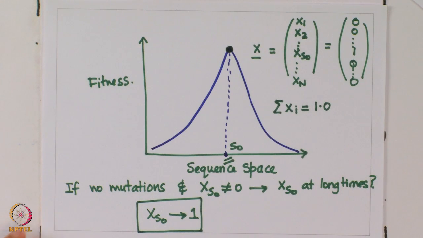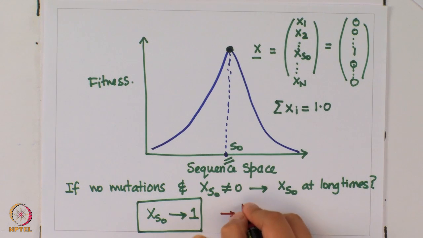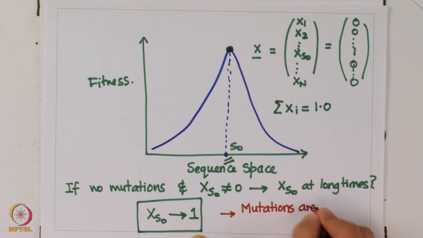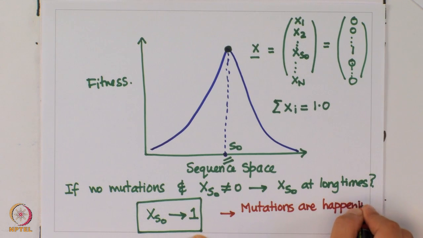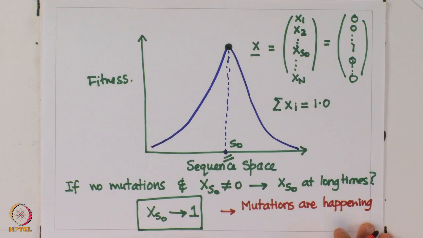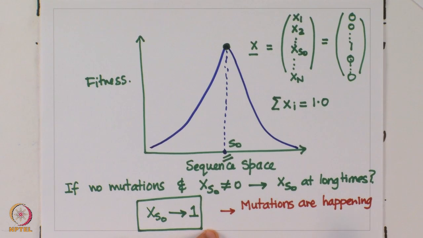From here, I want to change the setting a little bit and say that now mutations are happening at rate u. And the probability that a mutation is going to take place when one base is copied in a sequence is u.